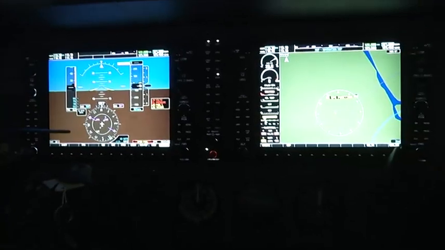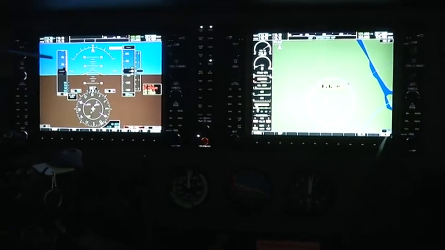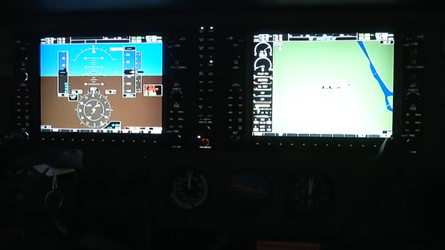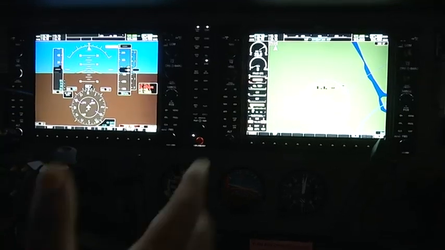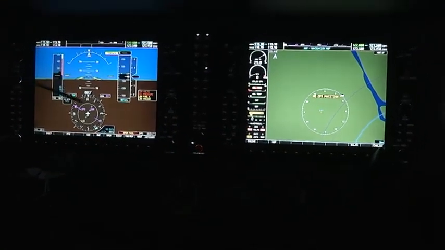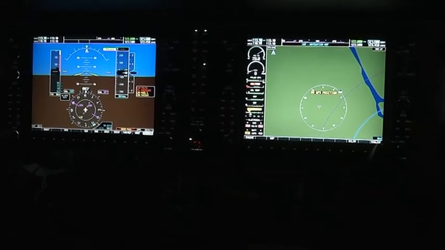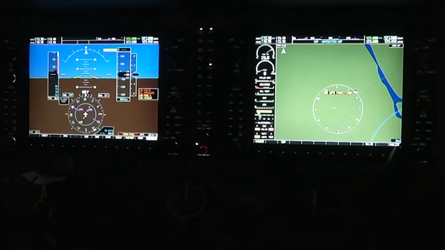You can see that the efficiency of the cockpit has increased because of this glass cockpit as compared to the conventional cockpit. The space required is very less. All the data has been squeezed into these two screens, and it is very reliable as compared to the other cockpits. Thank you.